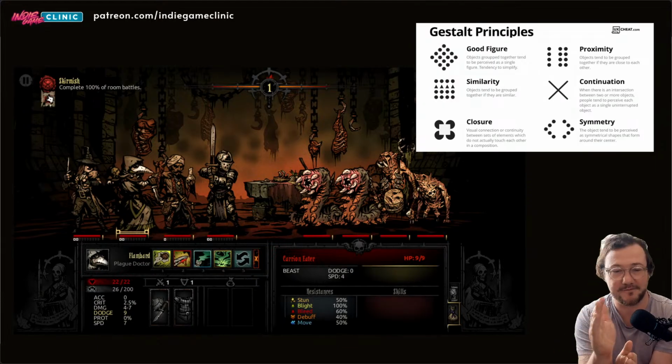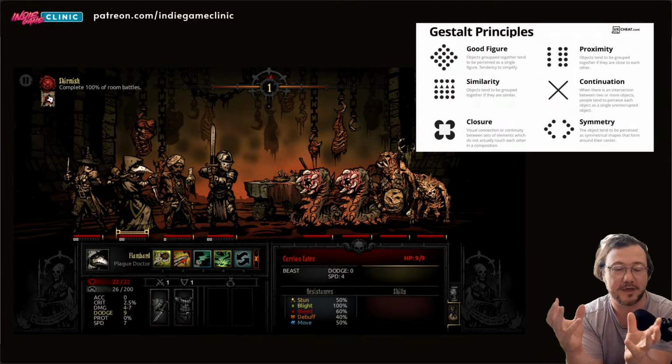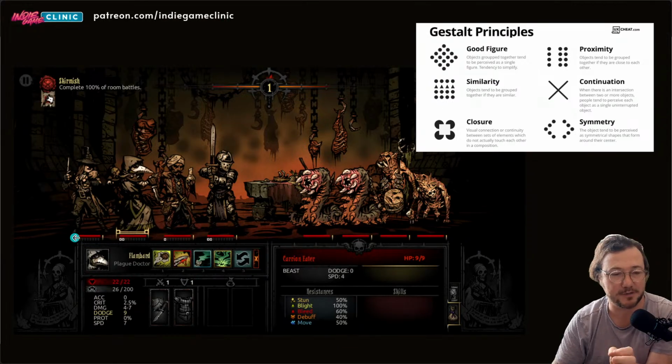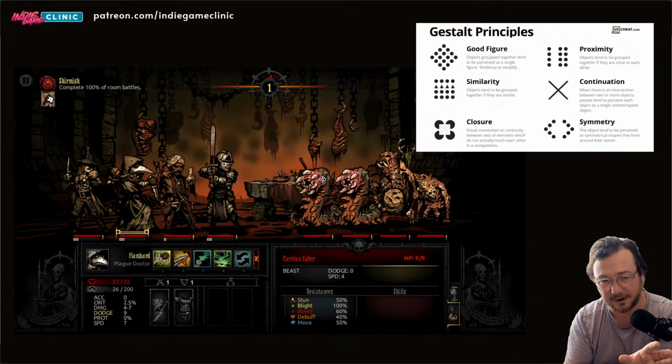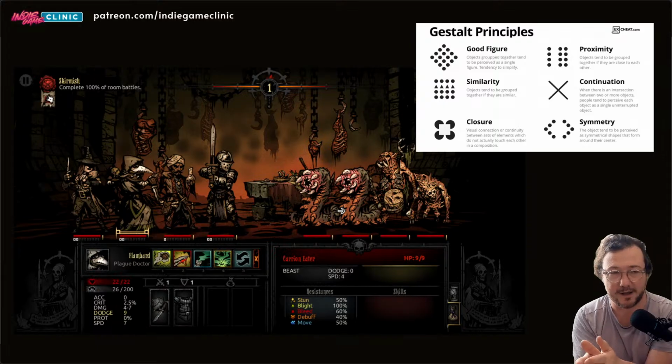So by having this symmetry, we know that these four on the left and these four on the right are the same in some way. They're both characters. They both have health bars. They are conceptually roughly the same thing. But the fact that they're apart and the fact that they have different visual design tells us that those are enemies and those are friends, right? And we read the game left to right.